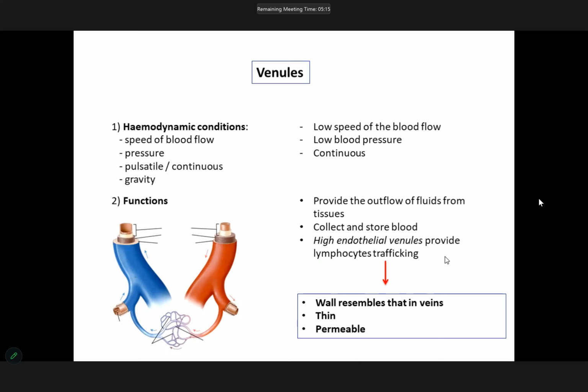They are very specific in thymus and in lymph nodes. We can find such venules. So venules have a very thin and permeable wall, which resembles that in veins.